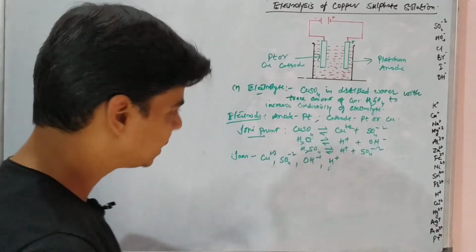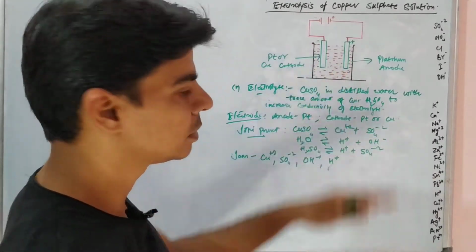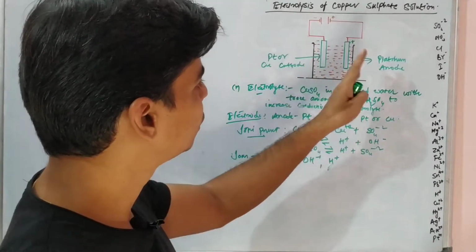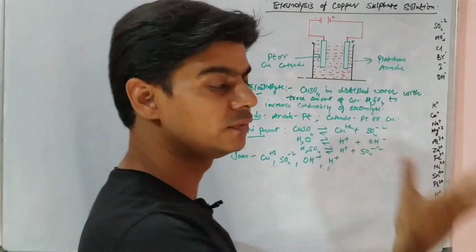Now let's see what happens when we turn on the current. Current enters the electrolyte through these metallic plates, which we call electrodes.